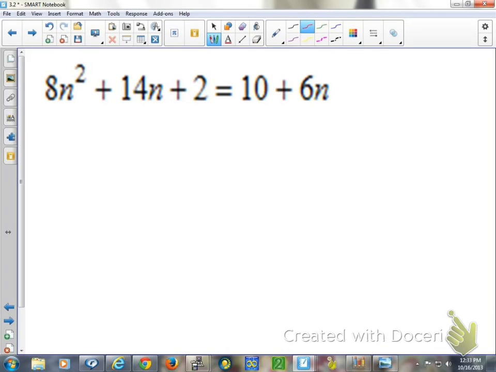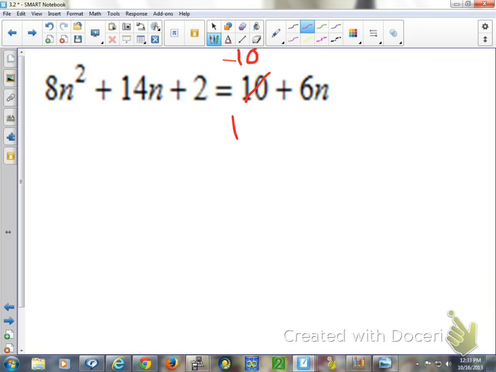What's the first step to all these problems, Corey? Subtract the 10 on both sides. And what else? You need to get everything on one side of the equation.